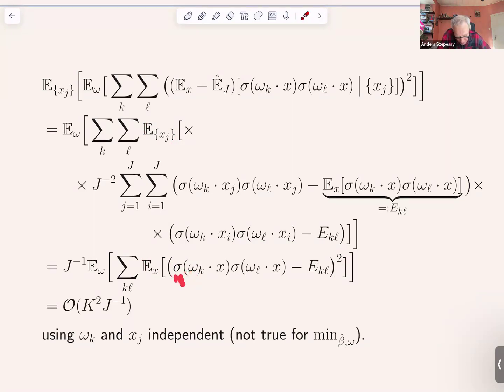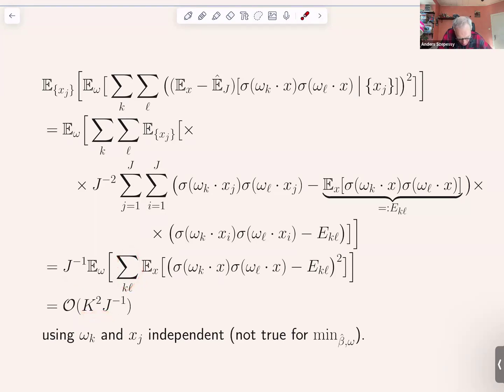One can also give a proof when the activation function is not assumed to be bounded. It's the same kind of proof, but the assumptions in the theorem are 1 or 2 lines more. So the total estimate we have is that we have k squared terms here and then 1 over j. So that error will be k squared divided by j.